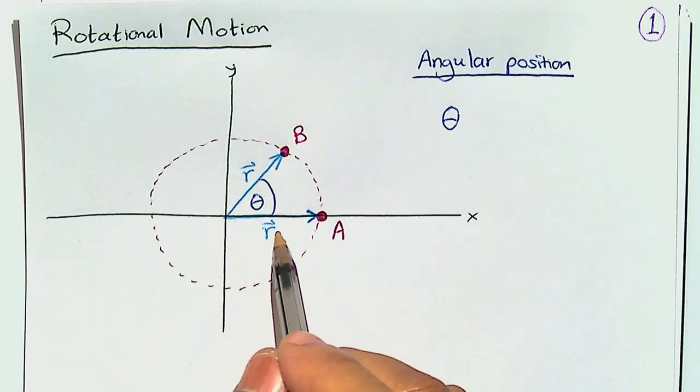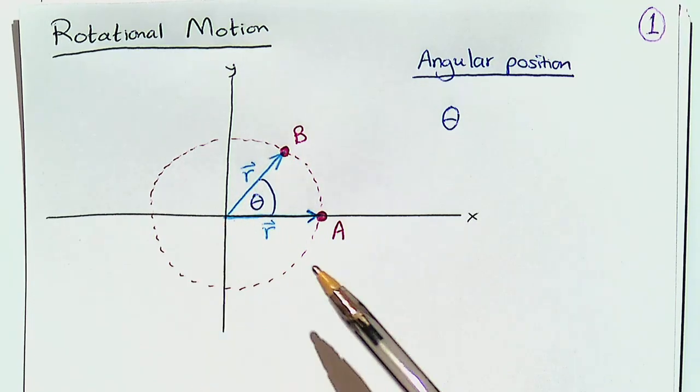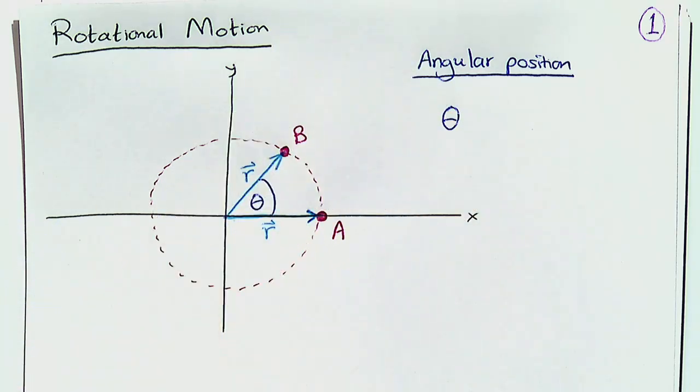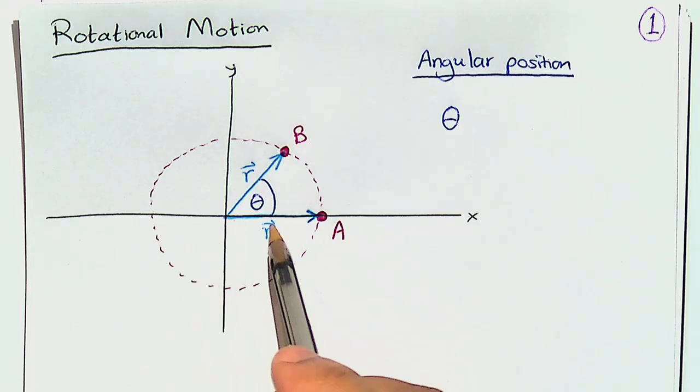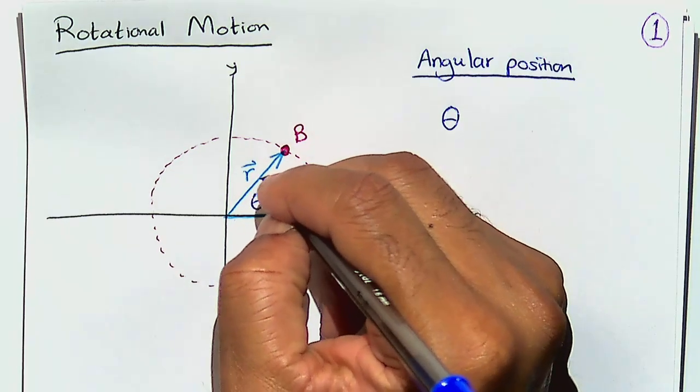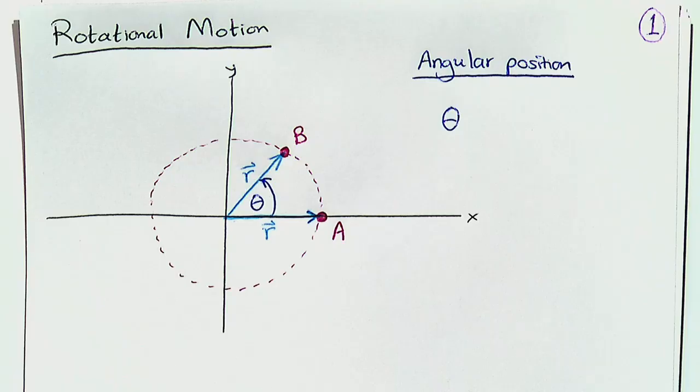Particularly if it's a circle, the radius, the magnitude will be the same, and it's an issue of tracking the direction of the vector, which is not that convenient. But the angle is pretty nice, right? So if you say I'm going to measure from the x-axis, I can measure in a positive direction through theta, and we can all agree what that means, right? So we measure this way, for instance, and we say that's our theta, our angular position.